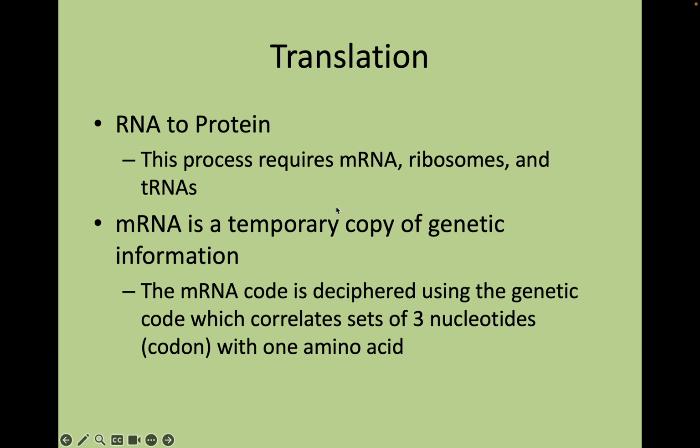mRNA is a temporary copy of genetic information, and the mRNA code is deciphered using the genetic code, which correlates to sets of 3 nucleotides. So there are 3-letter nucleotide sequences which function as codons, and each codon codes for a single amino acid. So you can think of every 3 letters of DNA or mRNA as coding for an amino acid.